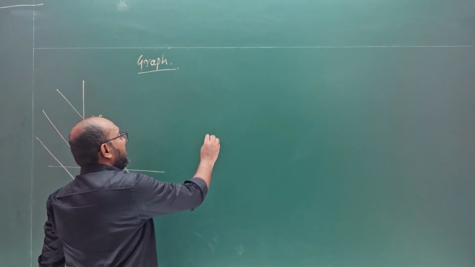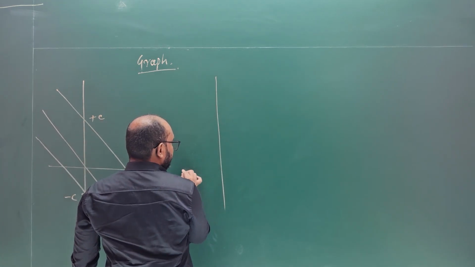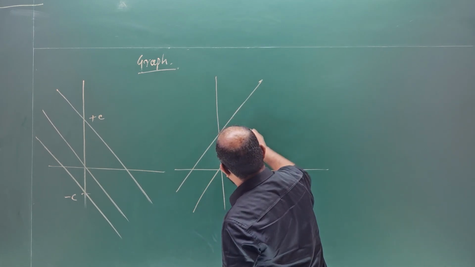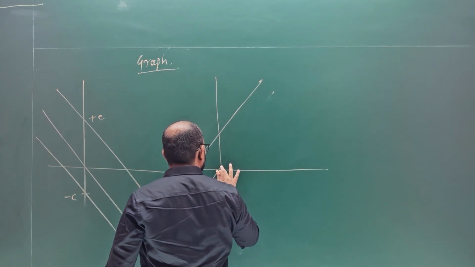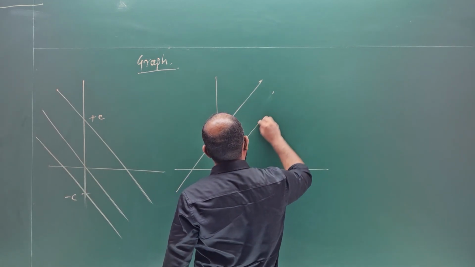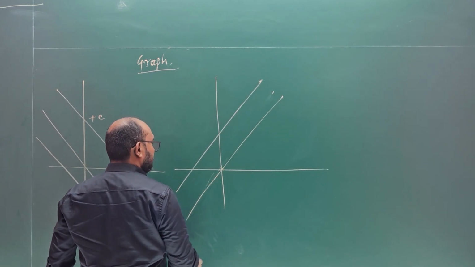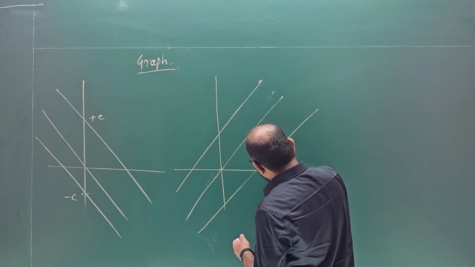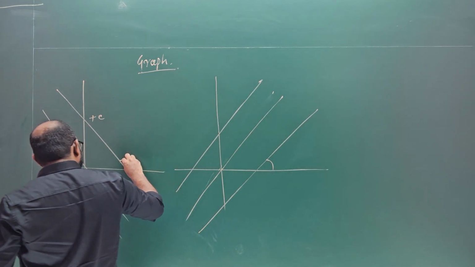If I write the same diagram like this, now is the slope positive or negative?